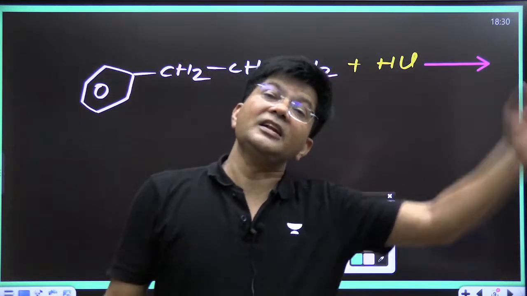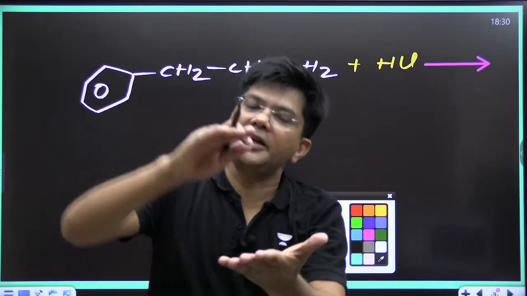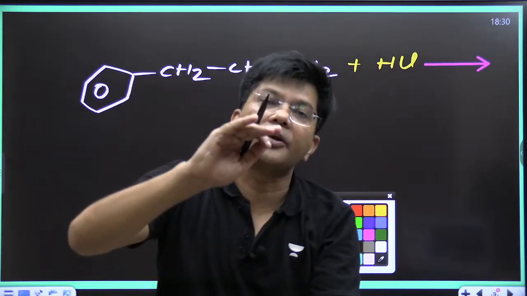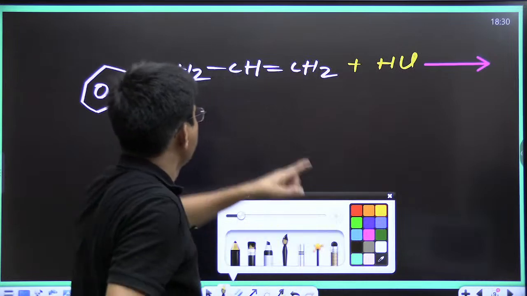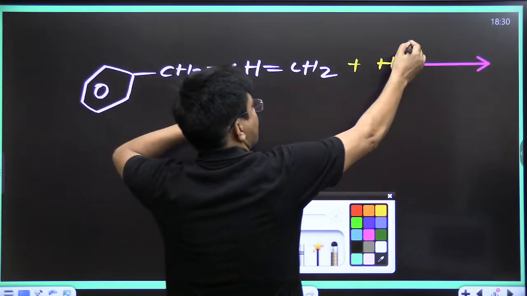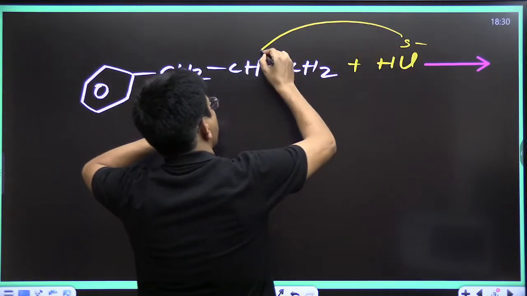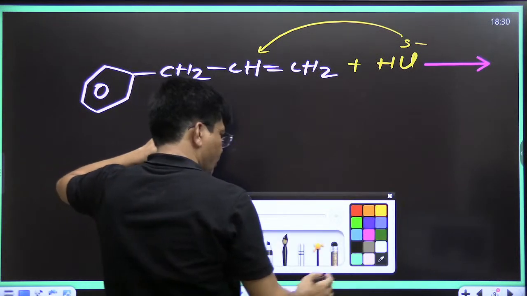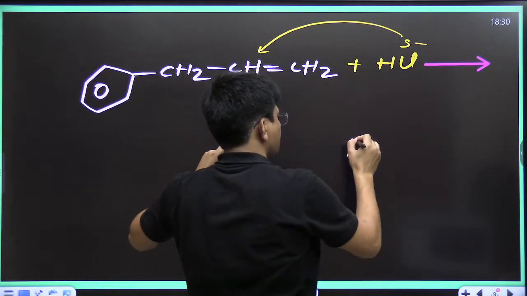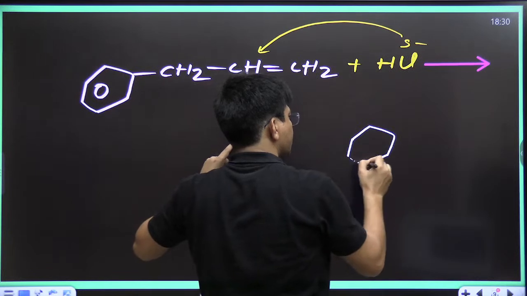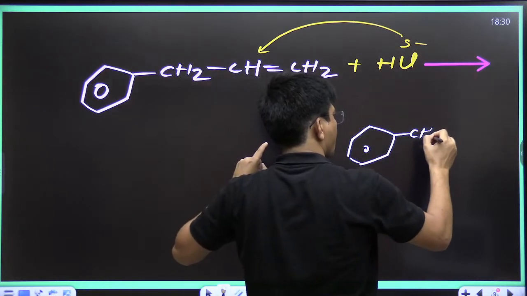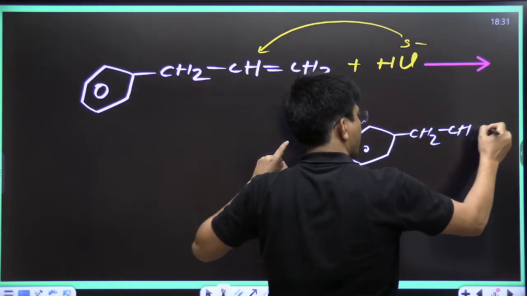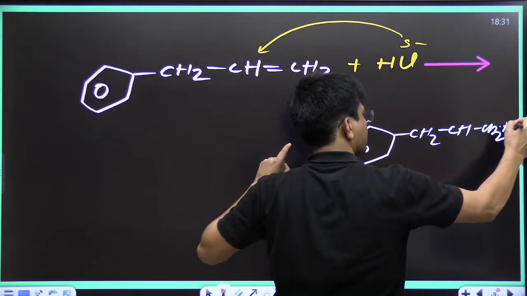By chance, if you remember that it goes to the double bonded carbon which has less number of hydrogen atoms, you will add the negative part on this carbon, and you will definitely mark this option in your examination, isn't it, kids?